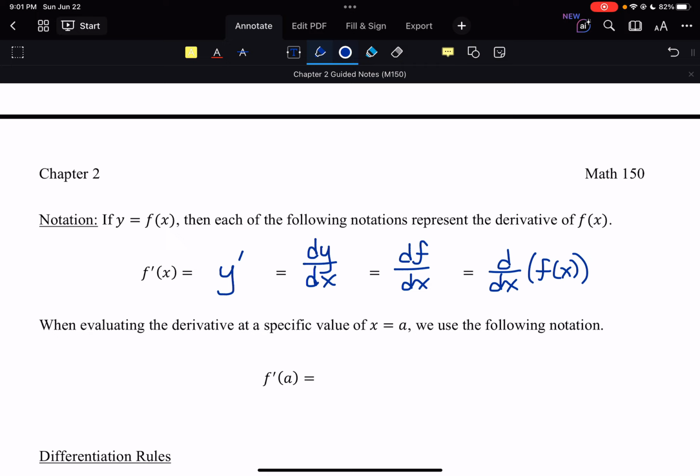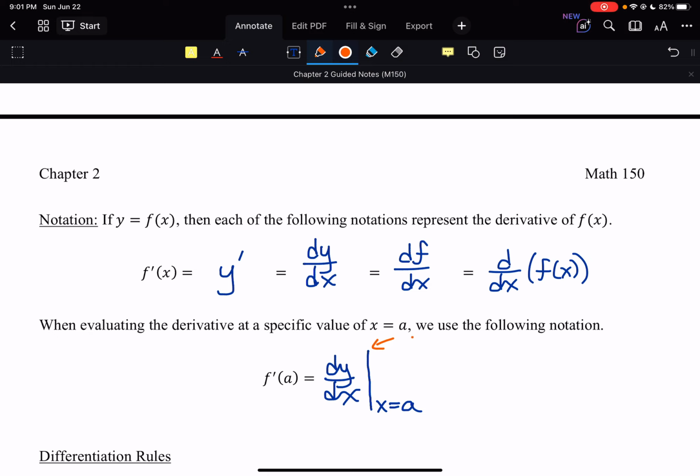If we want to evaluate the derivative at a specific value of x equals a, then we use f prime of a. But if we are using the Leibniz notation, the dy dx notation, we would use what we call an evaluation bar right next to it, and then put the x equals a value down there, whatever that might be.